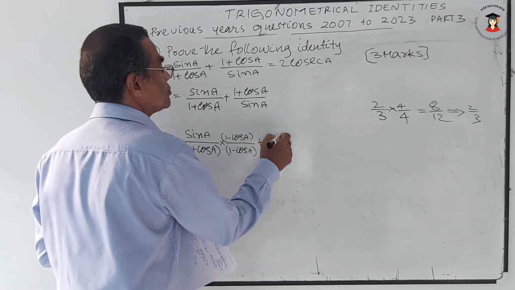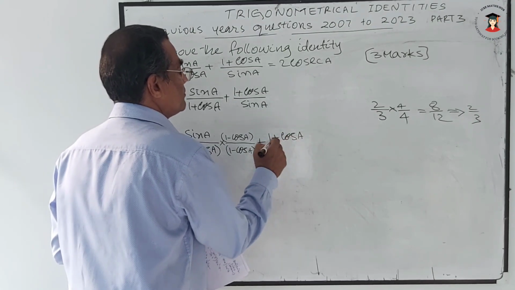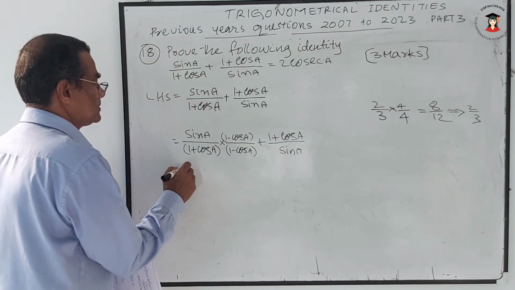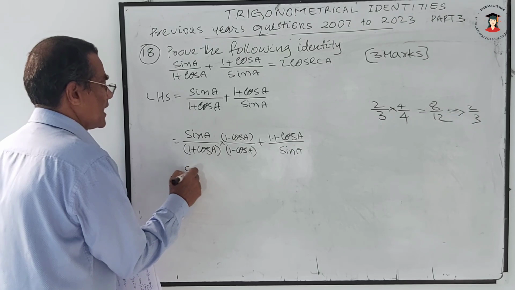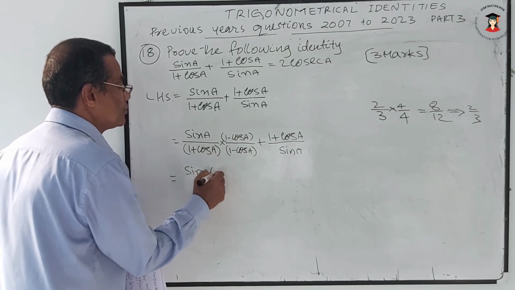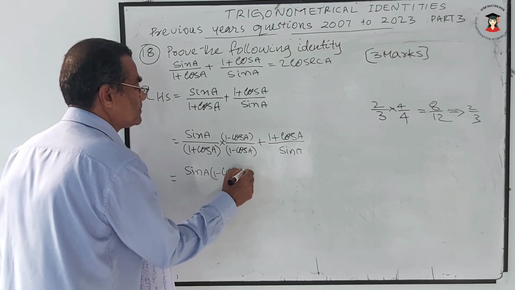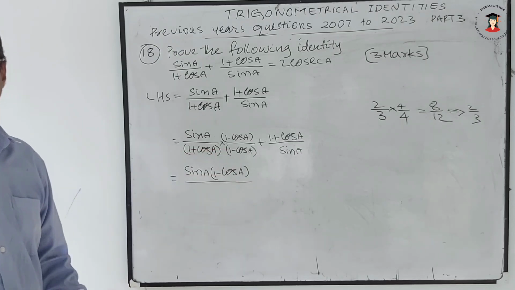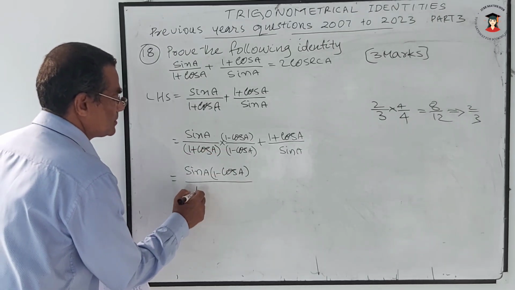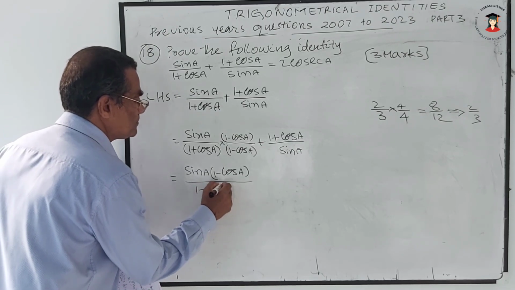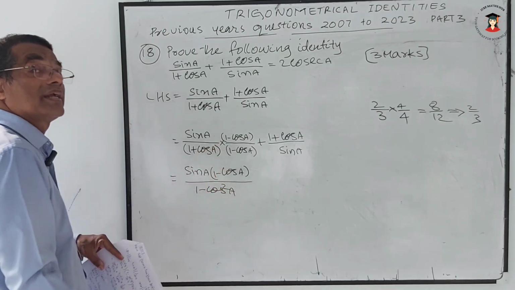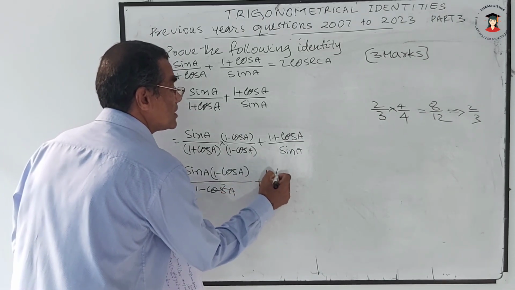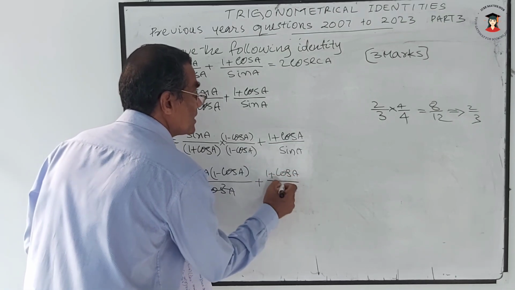Plus 1 plus cos A divided by sin A equal to, this is sin A into 1 minus cos A divided by, now this is of the form A plus B into A minus B, which is equal to A square minus B square. For getting this, I multiplied with 1 minus cos A. Plus, this is equal to 1 plus cos A divided by sin A.